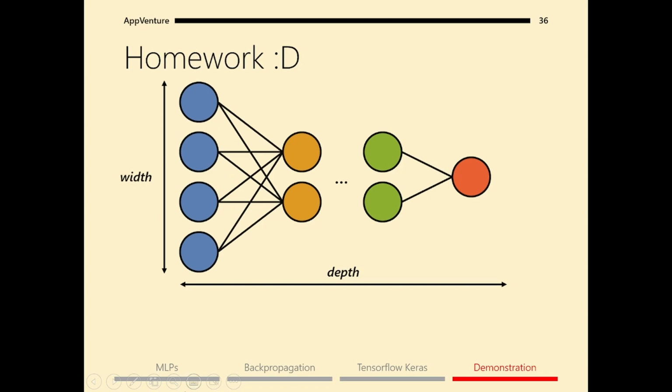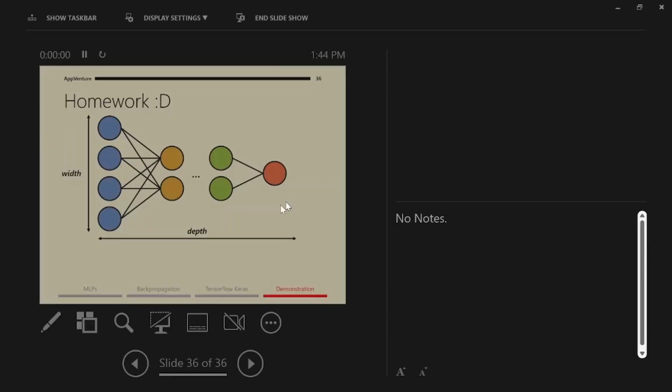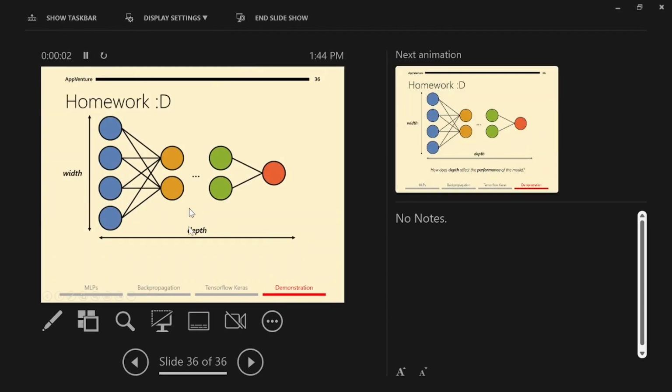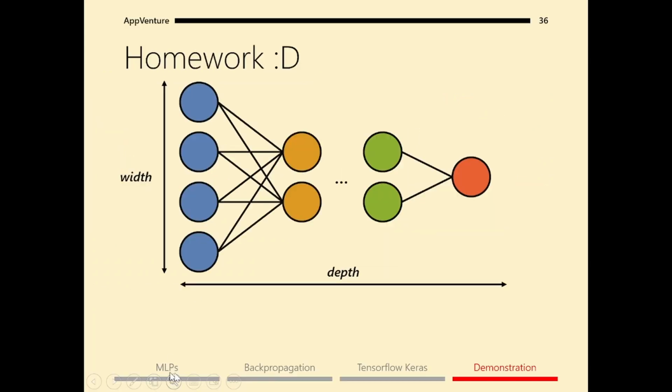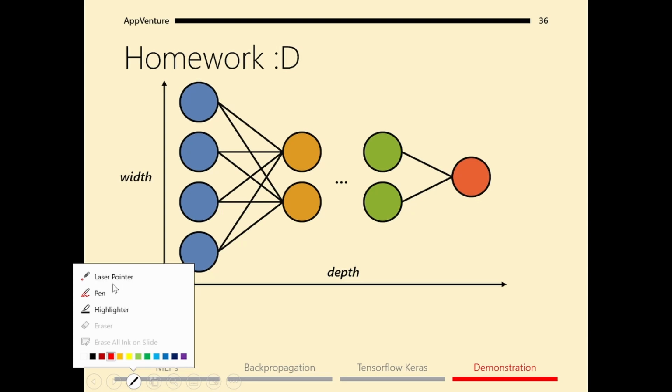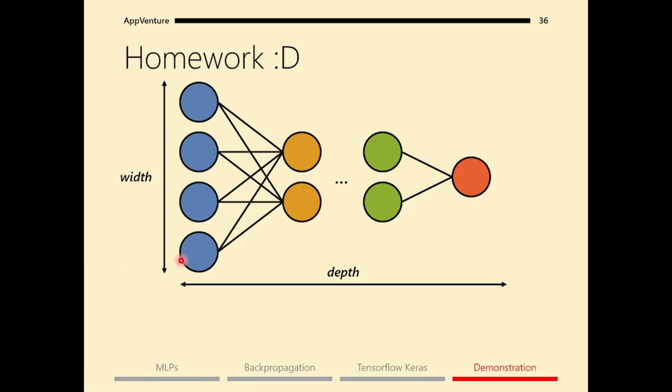To recap, this is what MLPs look like if you have forgotten already. We call this the width of the model, and we call this the depth of the model. The depth is the number of layers in the model, and the width is the number of neurons in each layer.